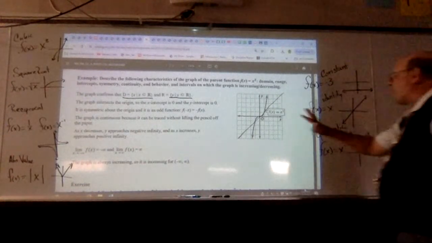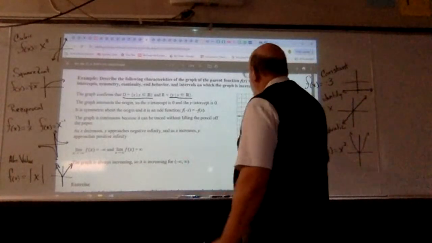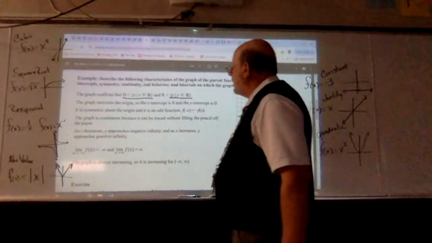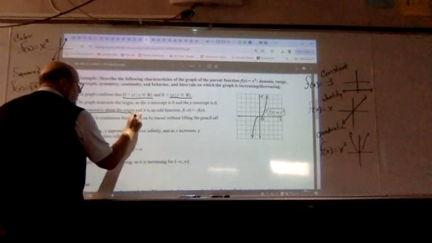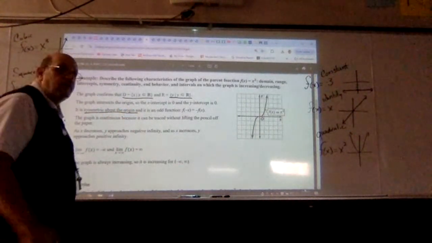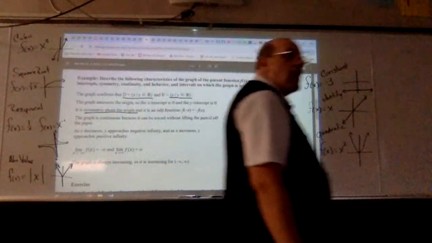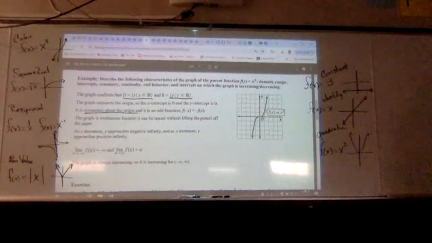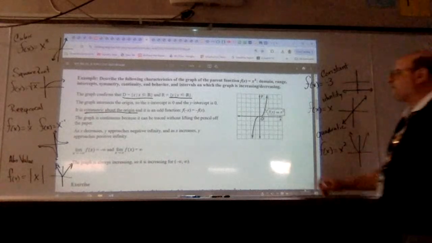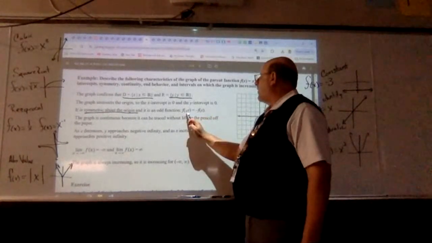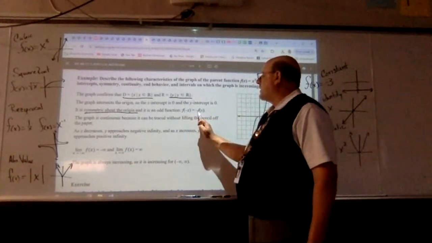So they are symmetrical about the origin, right? It's symmetric about the origin, and it's an odd function. It is an odd function because if I put in a negative, I get out the negative version.